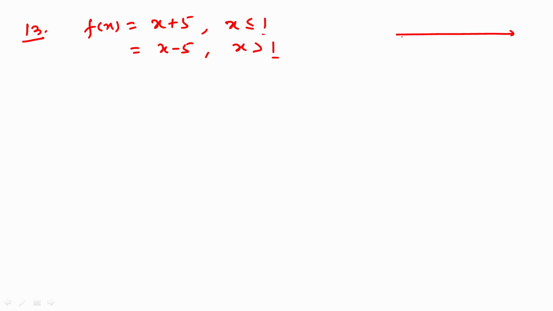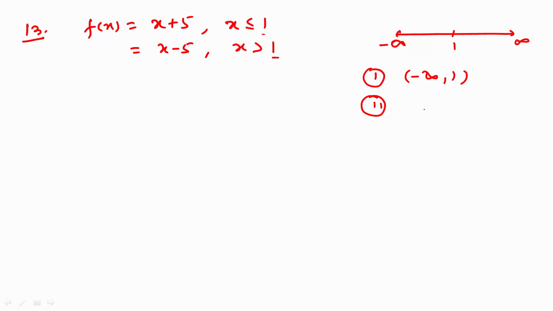This is your number line, minus infinity to infinity, and 1 mark here. Again you can see that this whole number line is divided into 3 parts. The first part is open interval minus infinity to 1.